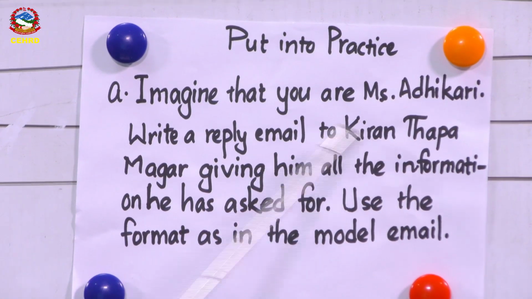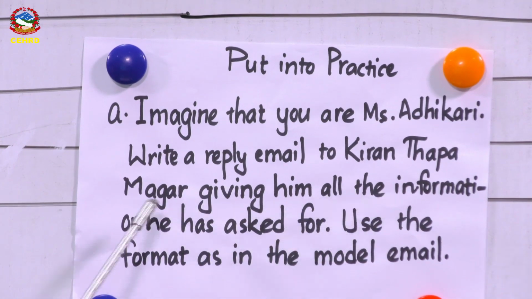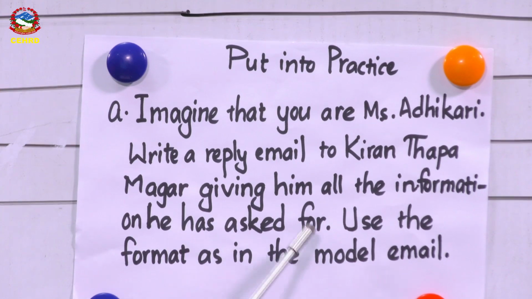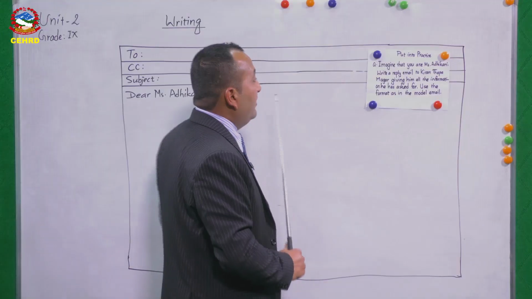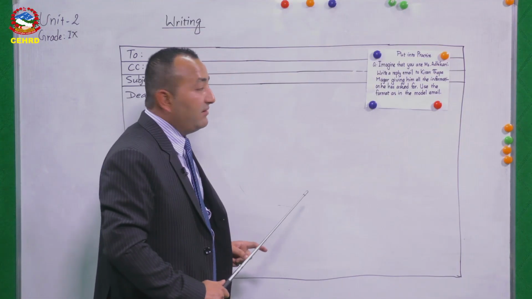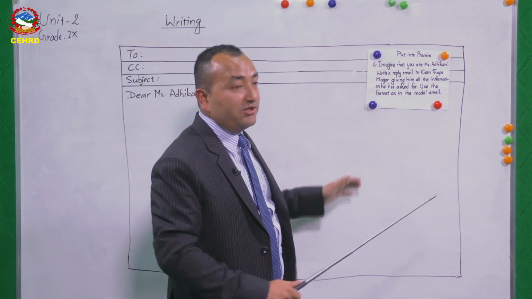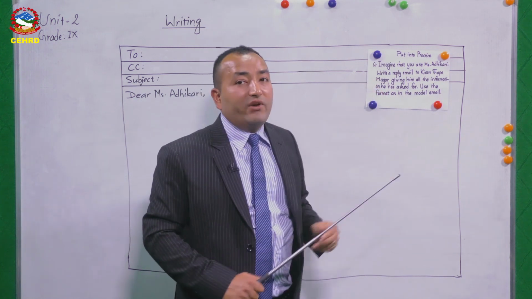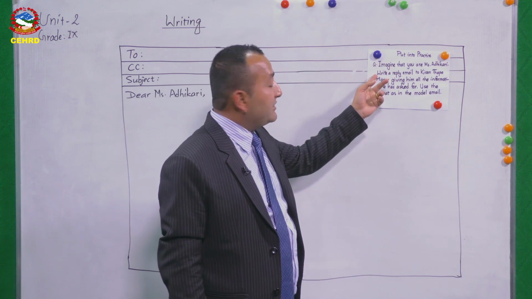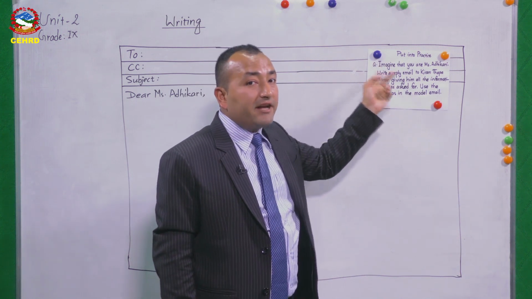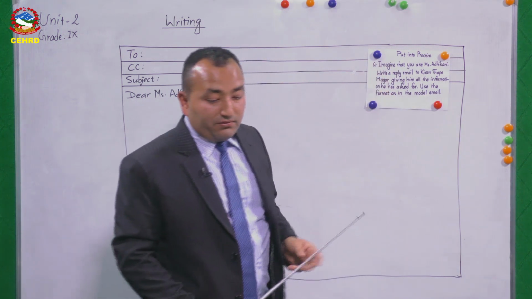Write a reply email to Kiran Thapa Magar giving him all the information he has asked for. Use the format as in the model email. It means use the same kind of email, the model email. Formats should be the same, but you have to imagine yourself to be Miss Adhikari, then write a reply. So, can you do this?